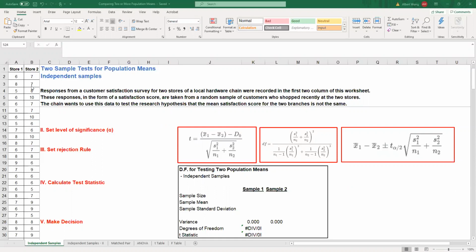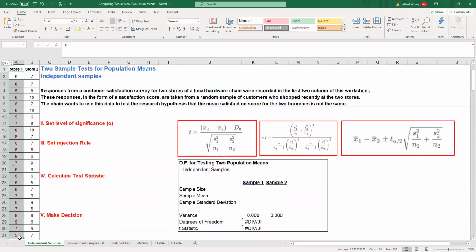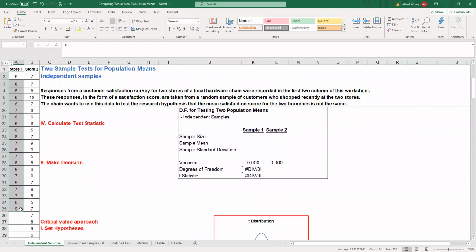The 3 statistics we need for each sample are the sample size, the sample mean, and the sample standard deviation. In order to do that, the best way is to define the area for the data so that we can just use it as the reference.